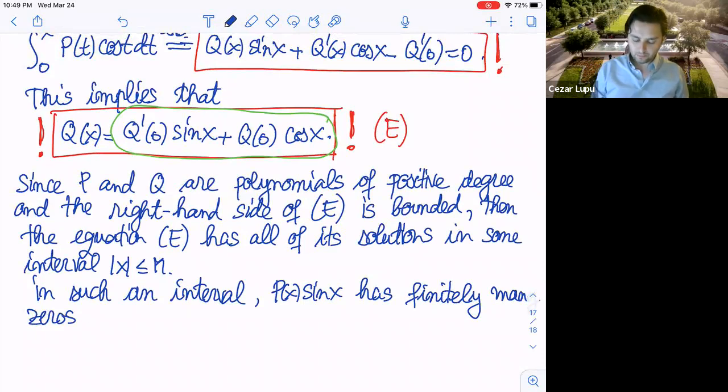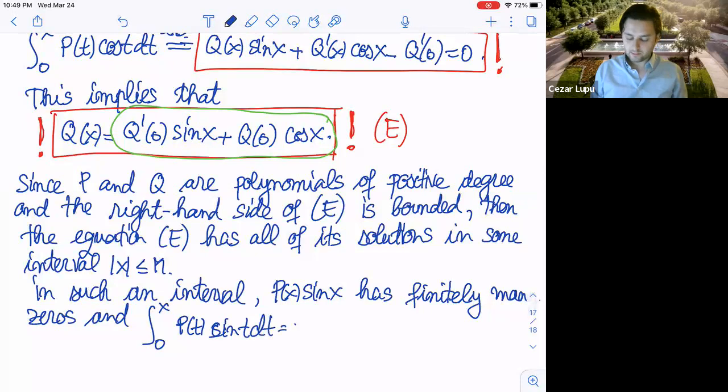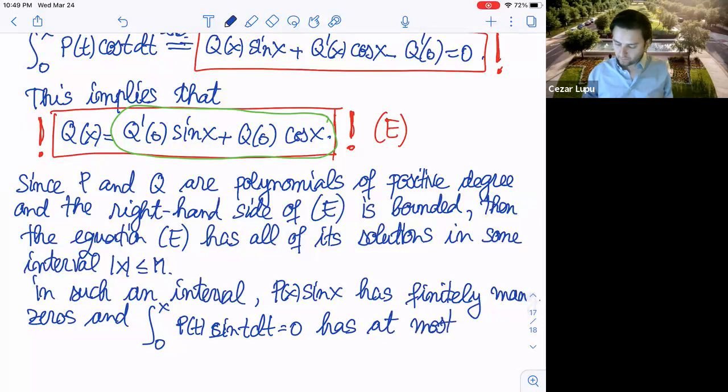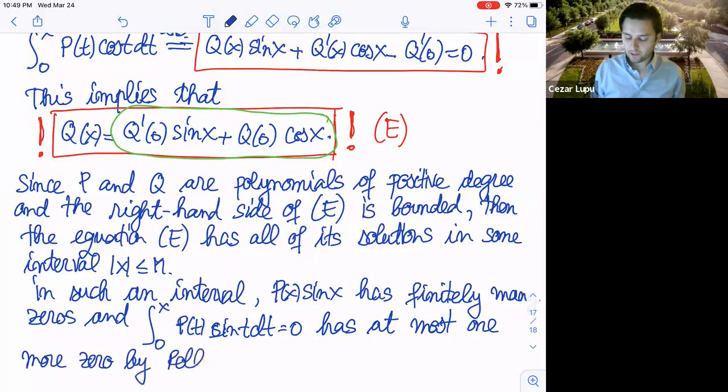And since this function, the integral from 0 to x of p of t times sine of t dt, has at most one more zero by Rolle's theorem, and we're done.